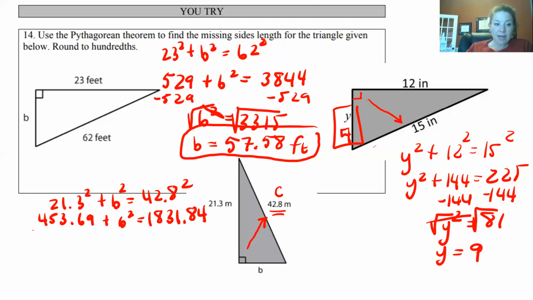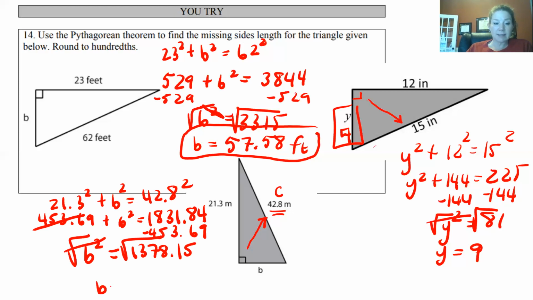So we're going to subtract 453.69. So b squared is equal to 1,378.15. And then finally, we're going to find the square root of both sides. And b is equal to about 37.12.